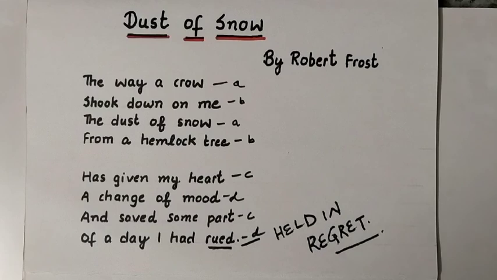Now I move on to the definition. Enjambment means when the same sentence continues to the next line without the use of any punctuation marks.